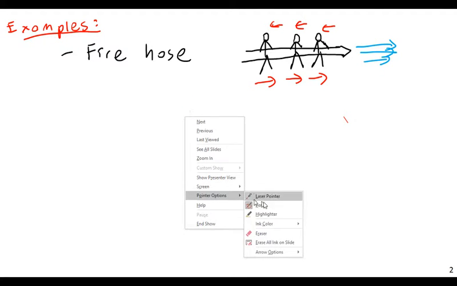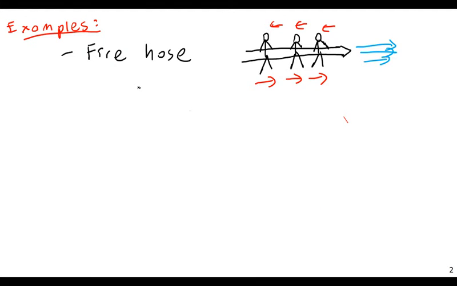Other examples would be something like a high-pressure jet. This would be something like a water cutter. So this can be used to cut steel, concrete. It exerts a great deal of force over a very small area.